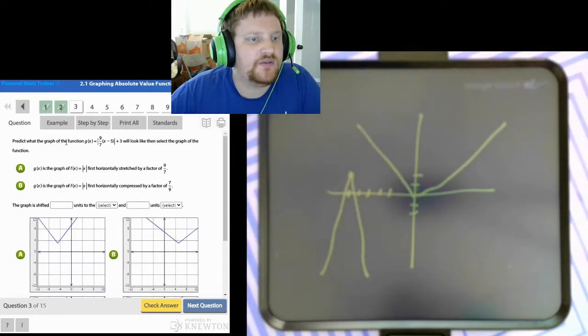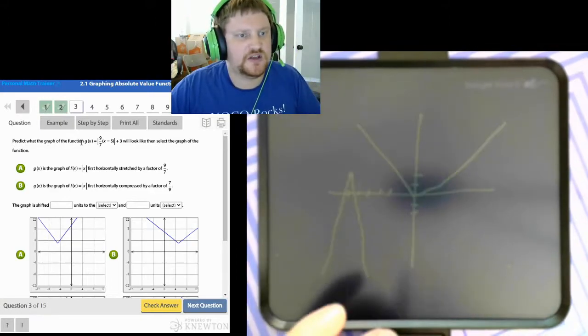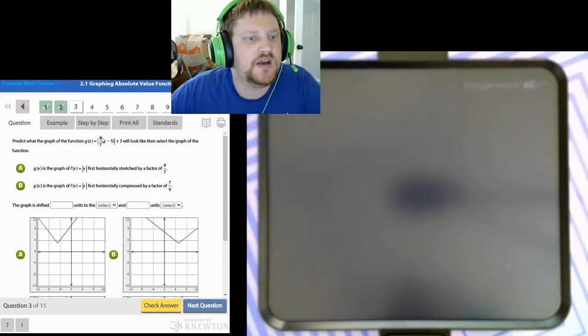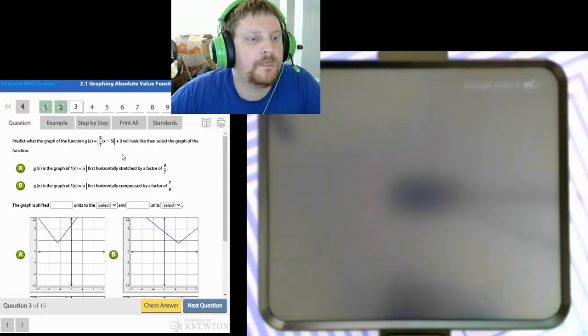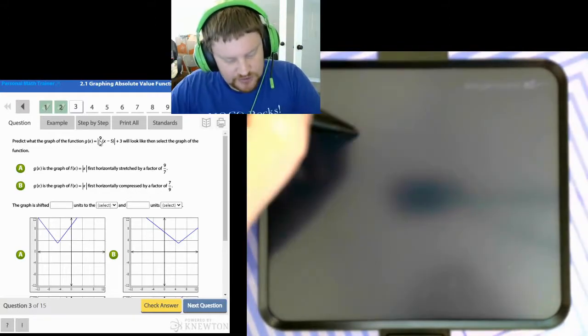Predict what the graph of the function g of x equals the absolute value of 9 over 7 x minus 5, plus 3 will look like, then select the graph of the function. Okay, so first of all, we have a horizontal shift, 5 units to the right. And secondly, we have to remember we've got a fraction on the inside.